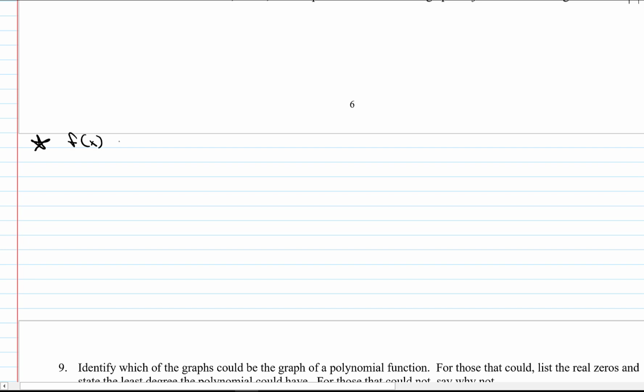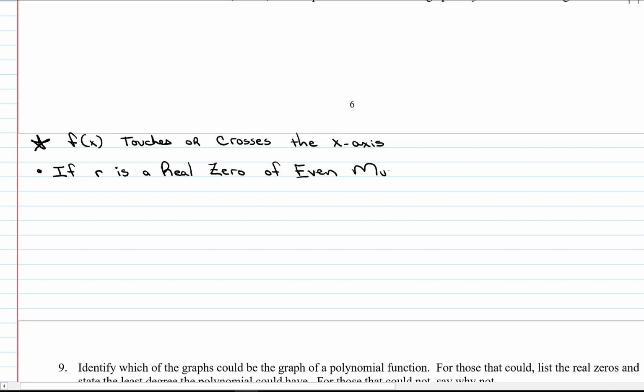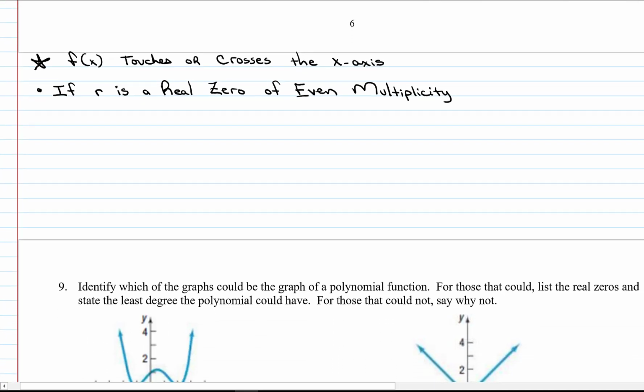All right, so f of x, we're going to say this is going to be kind of the rules for when f of x touches or crosses the x-axis. How to know if it's going to touch or cross based off of looking at the polynomial function. So if it touches, if r is a real zero of even multiplicity, remember what even means, right?